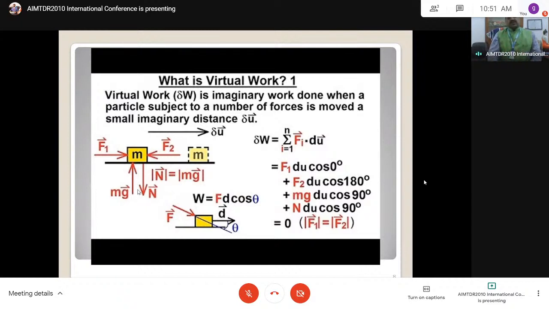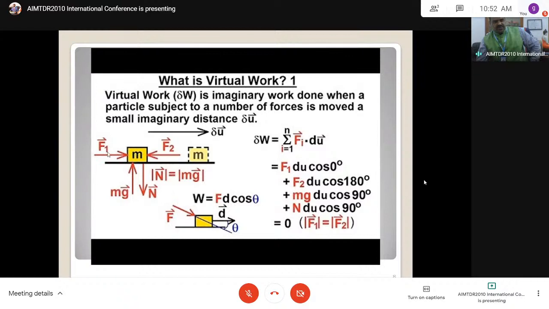That also will give you an identity. Or suppose F1 and F2, or I add all the forces: why is there no displacement in this direction? Because this is at 0 degrees, so 0 work done. Or in other words, from here to here is 90 degrees, and from here to here is 90 degrees. Those are all the components.